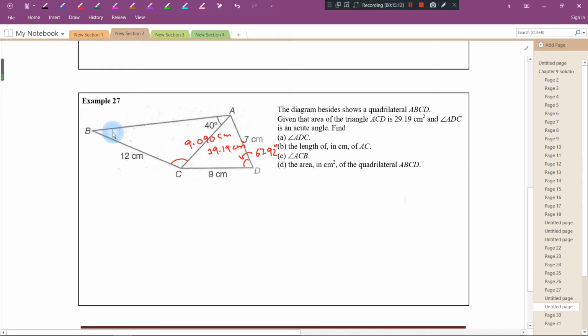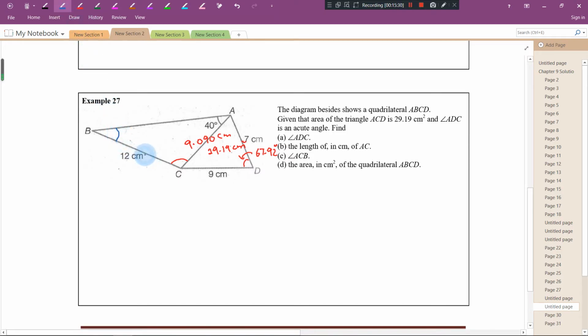I know that the sum of the interior angles of a triangle is 180 degrees. I take 180 minus these two angles, then I will be able to get angle ACB. Let us find this angle first.